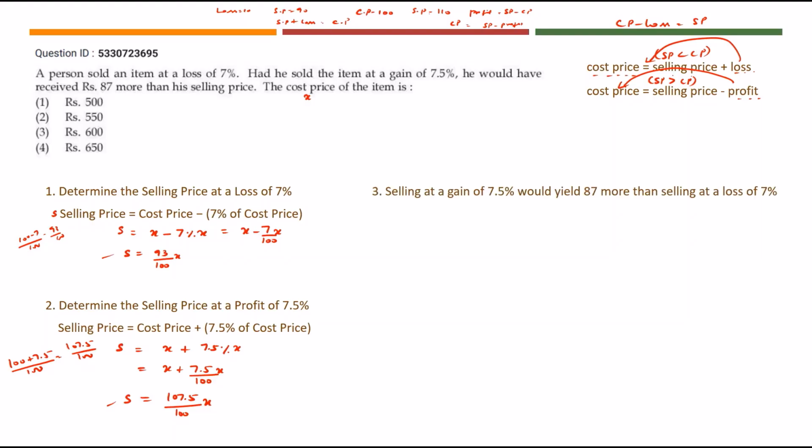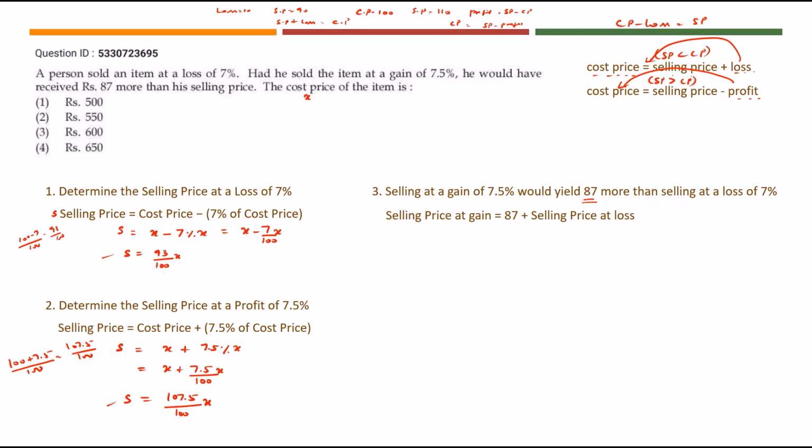What is the next step? Selling at a gain of 7.5%, he would have received 87 more than his selling price. So this can be taken as selling at a gain of 7.5% would yield 87 rupees more than selling at a loss of 7%. Just equate this.